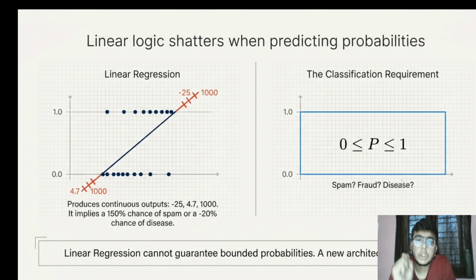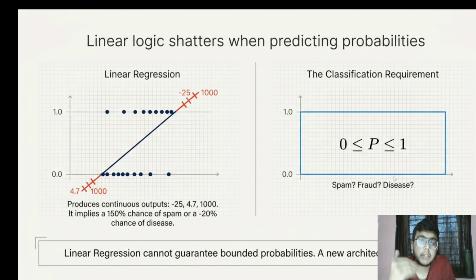Linear logic shatters when predicting probabilities. On the left-hand side, we can see that linear regression produces outputs like minus 25, 4.7, 100, 1000. It implies a 150% chance of spam or a minus 20% chance of a disease, which is not realistic.